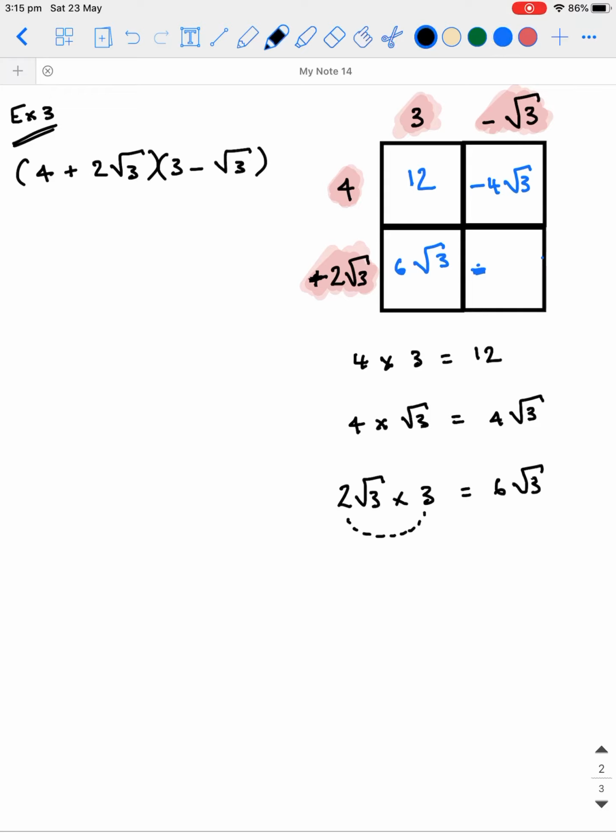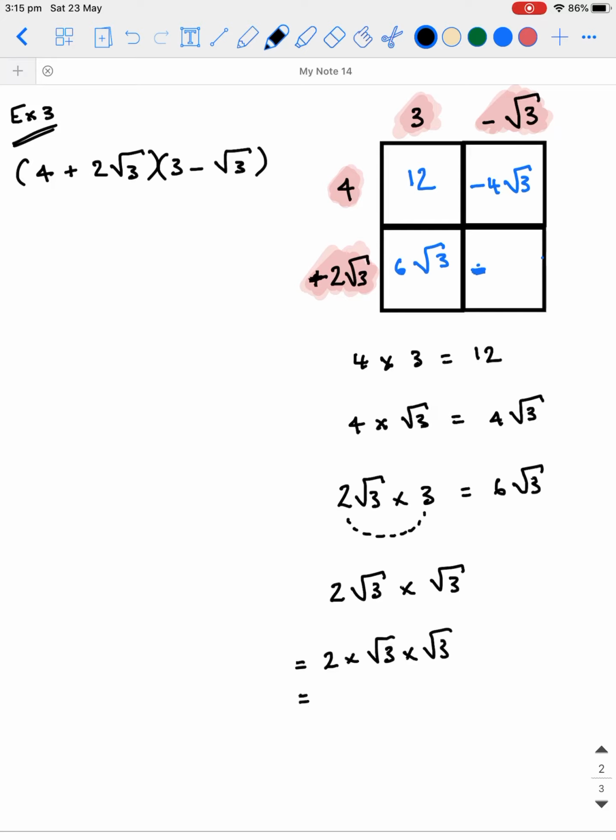Now if I multiply the two parts together, 2 root 3 times root 3, with like an imaginary 1 in front of the root 3, so what I would be saying here is that 2 times 1 is just 2, or it's like saying 2 times root 3 times root 3.